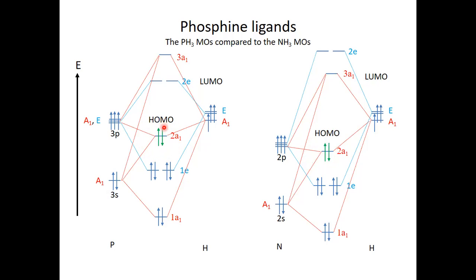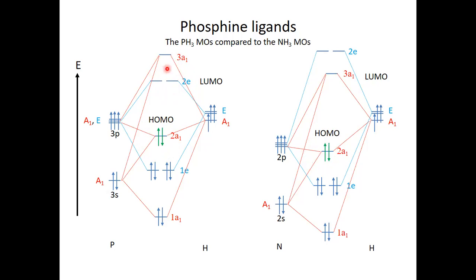But now the order of the 2E and the 3A1 molecular orbitals are being reversed. So the 2Es are now the LUMOs and not the 3A1, which is significantly higher.